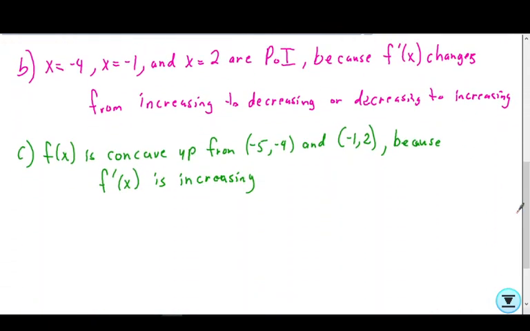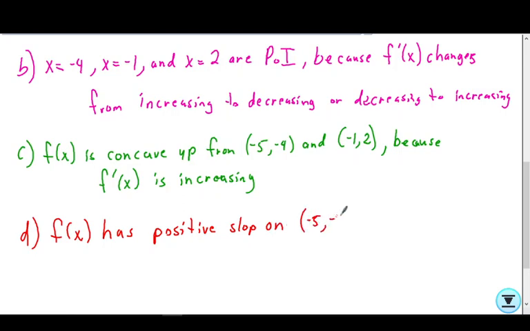So part D. f of x has positive slope on the interval from -5 to -3 and 1 to 4. Why?